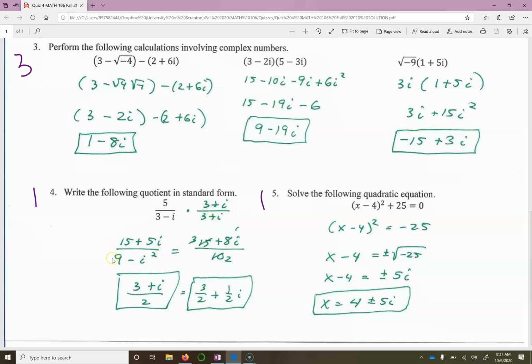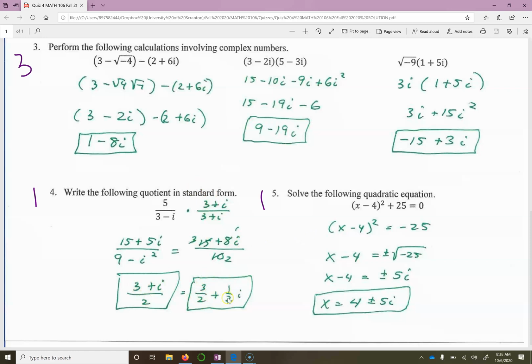In the denominator you get an i squared, so 9 minus i squared is like saying 9 minus a minus 1, which is 9 plus 1. So you get a 10 down here. You have 15 plus 5i over 10, so you could divide everything by 5 and be left with 3 plus i over 2. I accepted that.